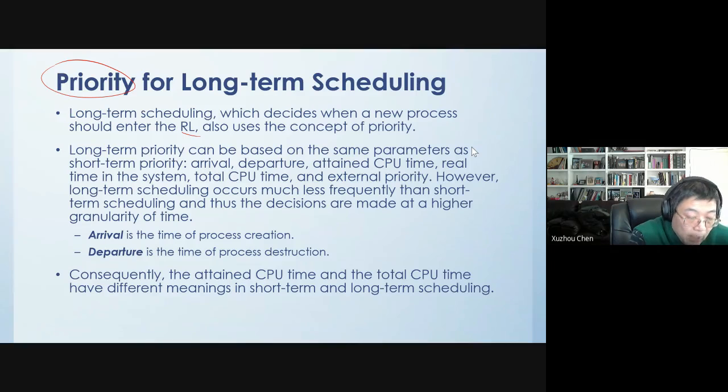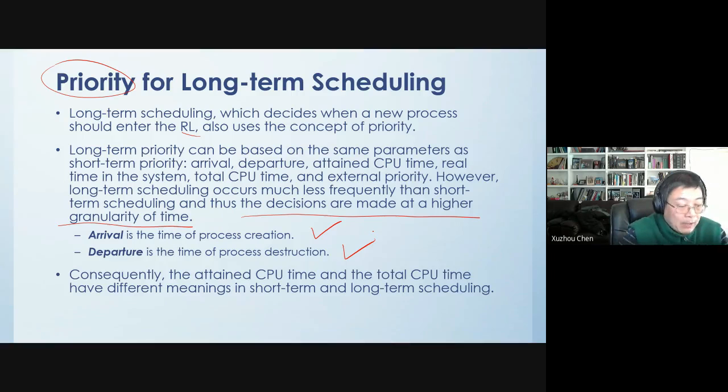But you really need to realize that long-term scheduling is less frequent than short-term scheduling. Okay, and so the decisions are typically made at a higher granularity of time, meaning the arrival time and departure time.